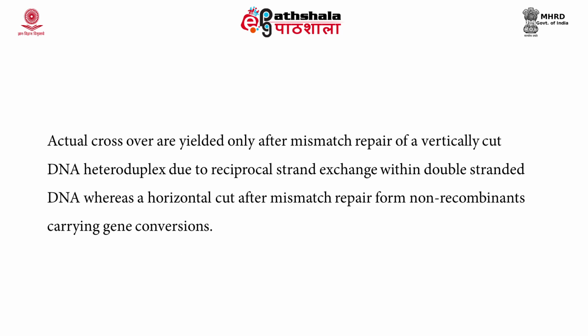Actual crossovers are yielded only after mismatch repair of the vertically cut DNA heteroduplex due to reciprocal strand exchange within double-stranded DNA, whereas a horizontal cut after mismatch repair form non-recombinants carrying gene conversions.